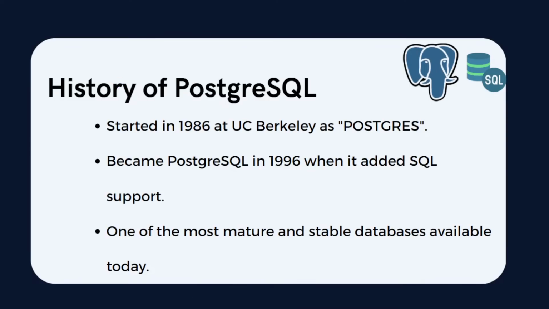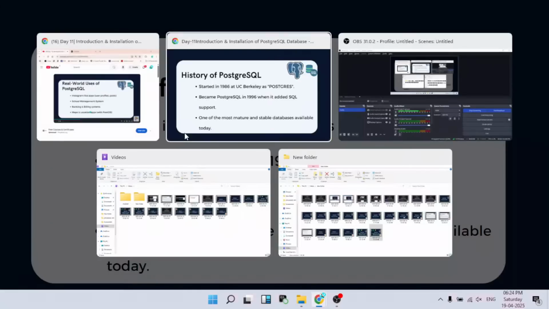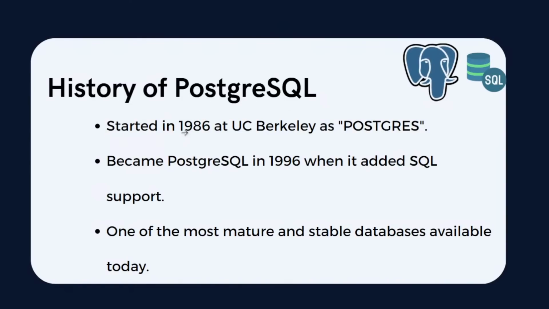Now we see the history of PostgreSQL. It started in 1986 at UC Berkeley as Postgres.